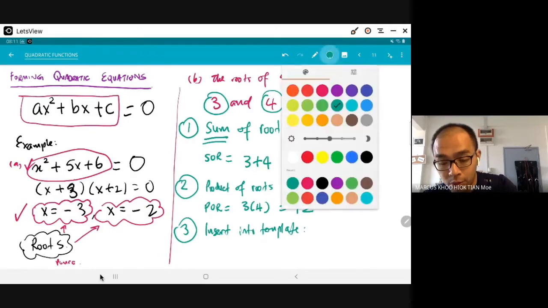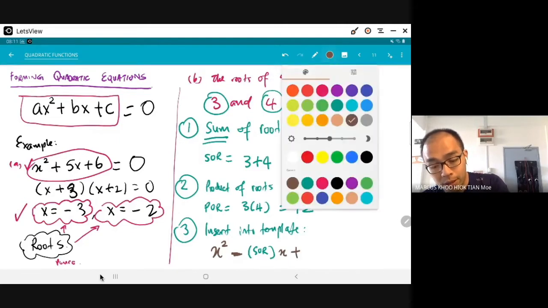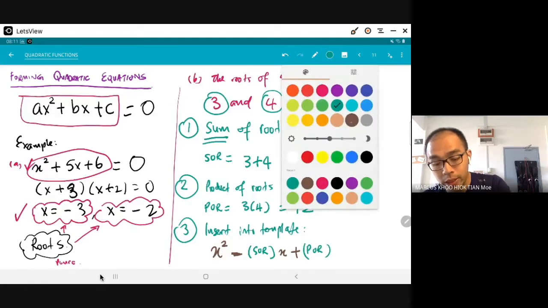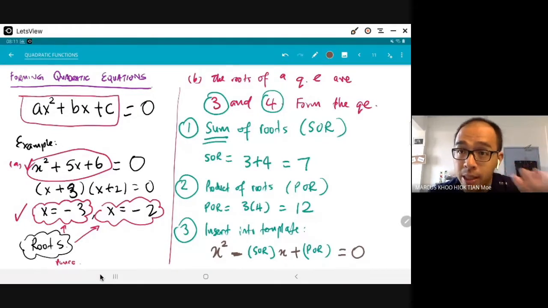This is the template you want to use: x squared, minus the sum of roots times x, and then plus the product of roots, and make sure that it equals 0, since it is a quadratic equation. This template does not change. Doesn't matter what the sum of roots or the product of roots are, the sum of roots is always negative and the product of roots is always positive.